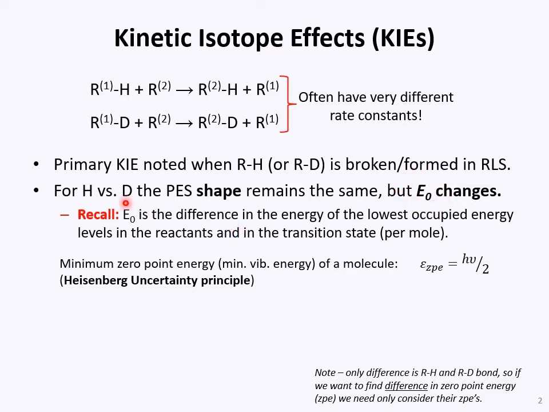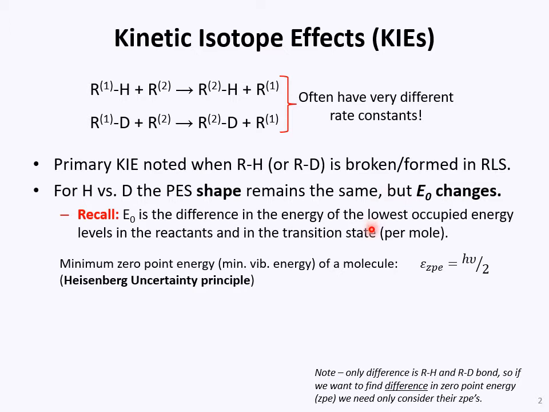E0 is the difference in energy between the reactants and the products of the equilibrium process that transition state theory puts in, and that equilibrium is between the reactants and the transition state. So the products would be the transition state, and this gives us this E0, the difference in energy between the reactants and the transition state.